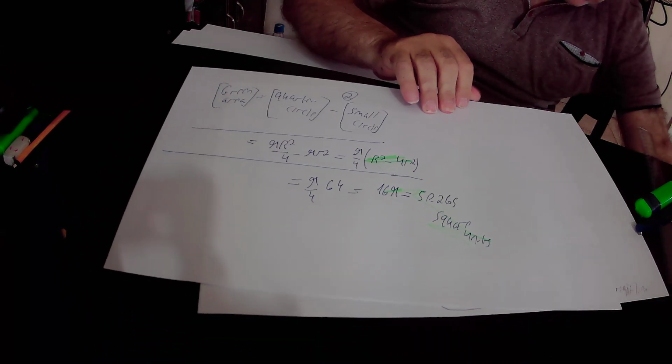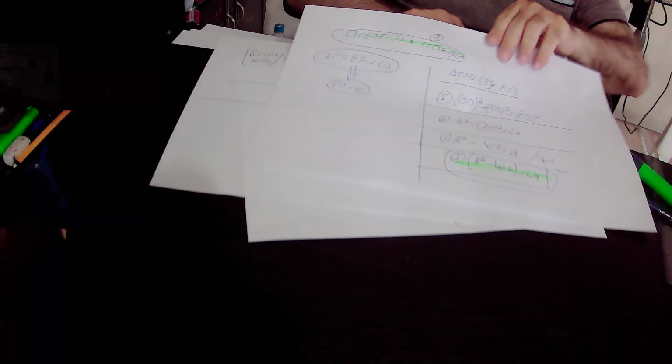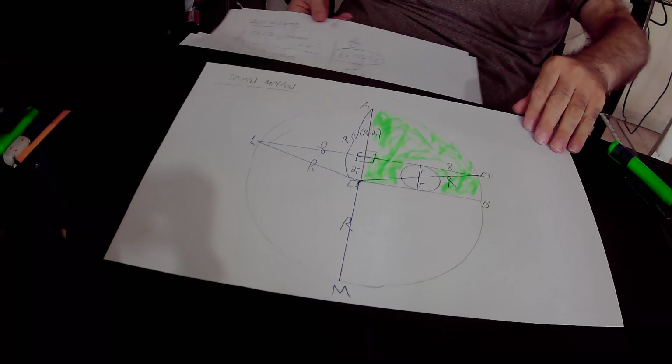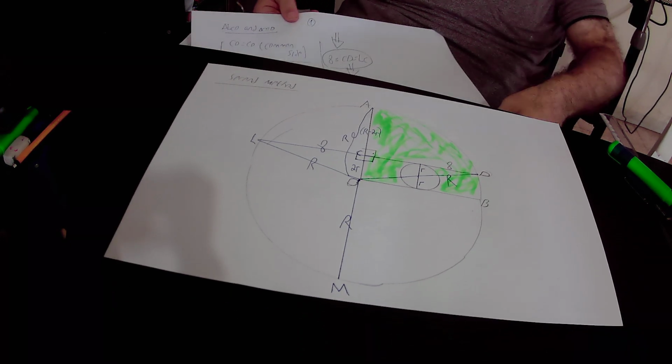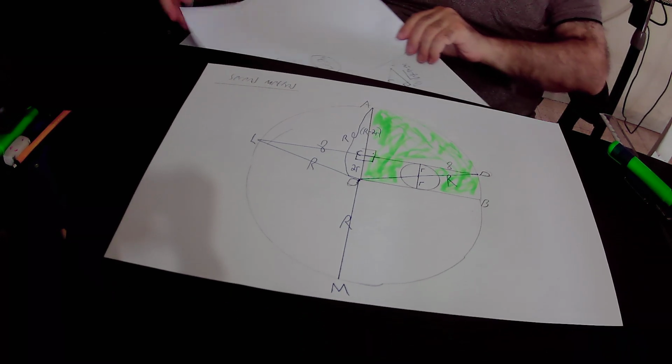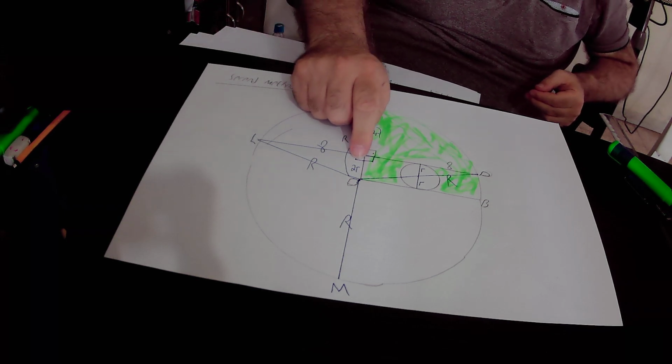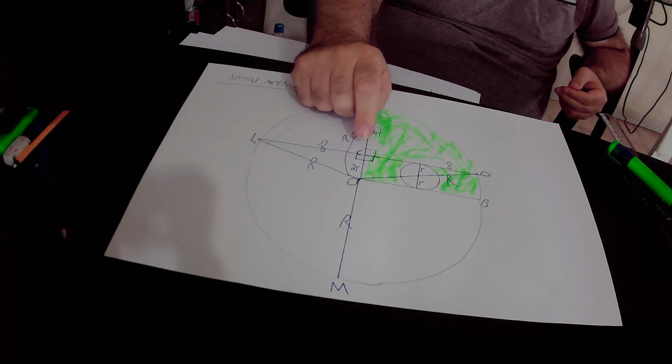Then I presented to you the second method. Here we have only found out that CO equals 2r in the first method.